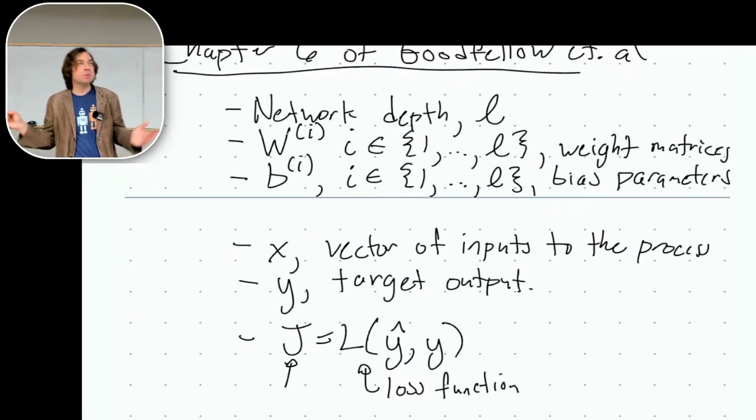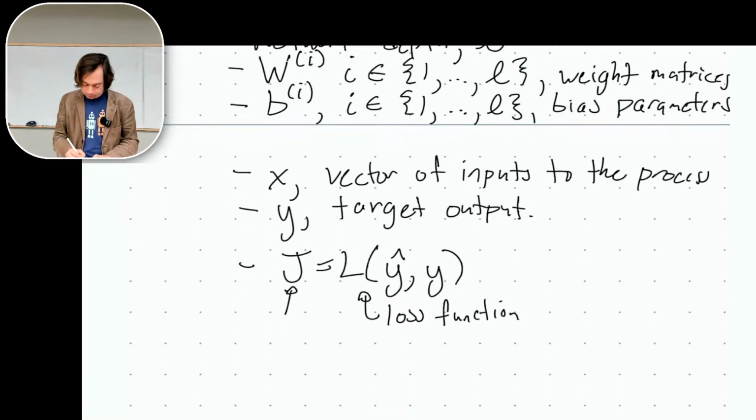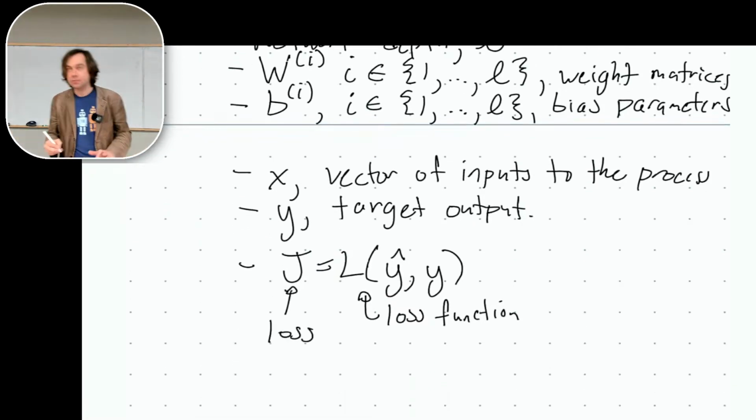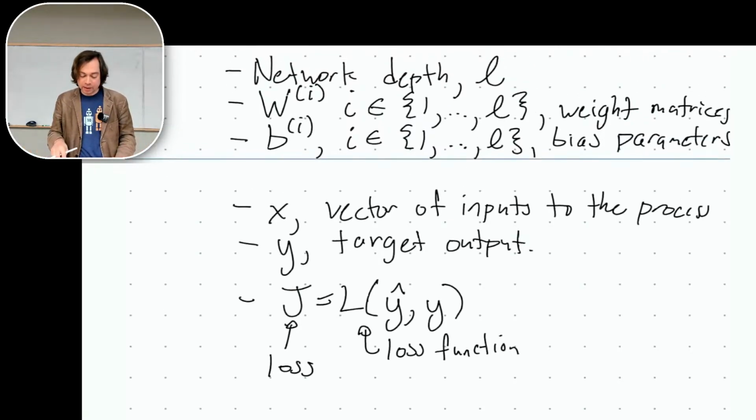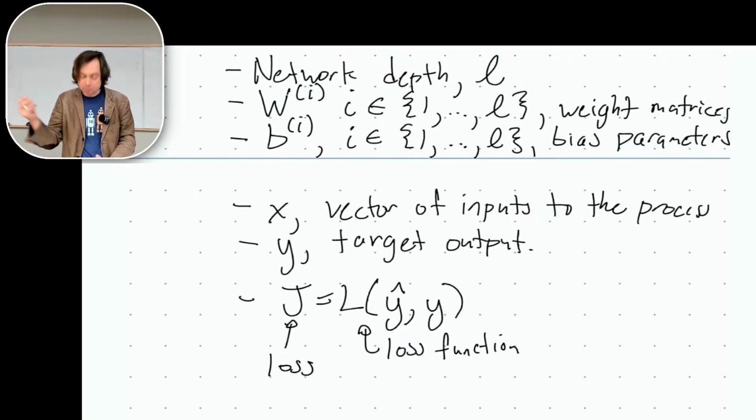And J, generally speaking, people think of as the loss itself that comes out. It's like the cost or the loss. In optimal control, we would see J as the cost function a lot of times. So, all right, we define these things, so let's draw this out.